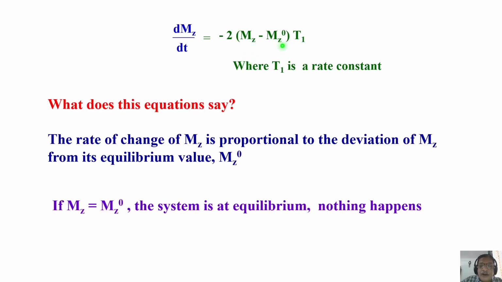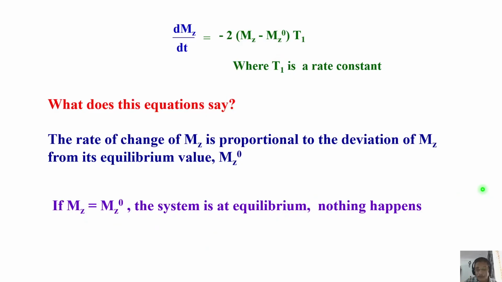Now I put Mz equal to Mz 0. What happens? When Mz equals Mz 0, that is the equilibrium. There is no deviation. When these two are equal, this term becomes 0. Then the system is at equilibrium, nothing happens.